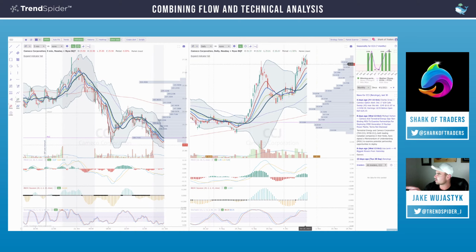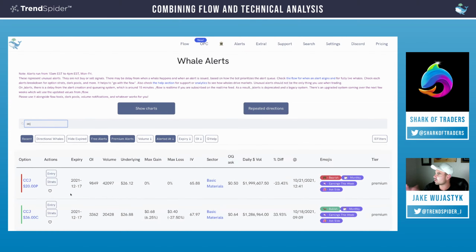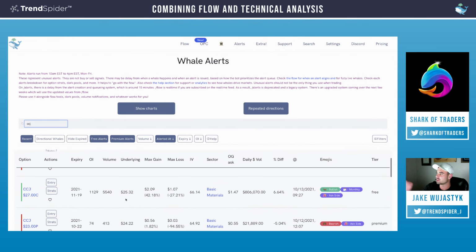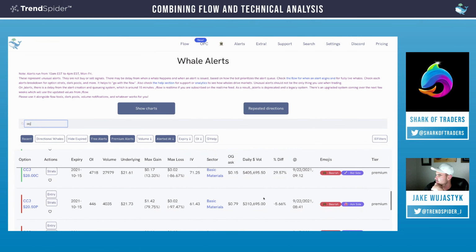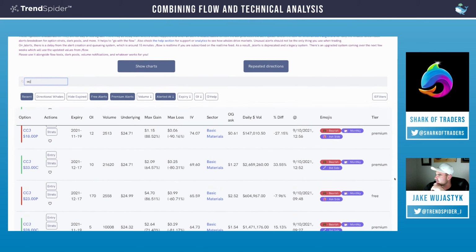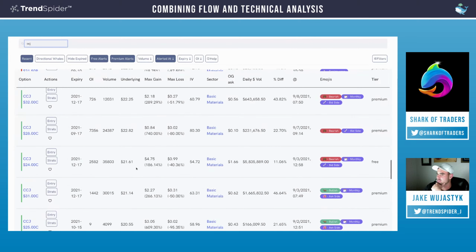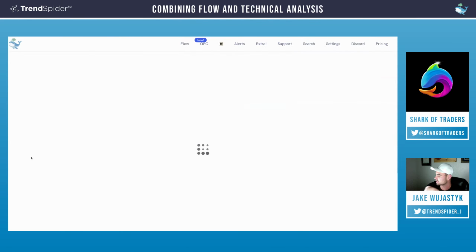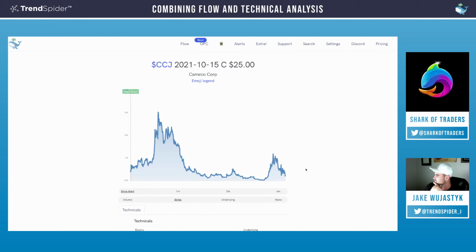But if you go back to the CCJ options premium, the premium is actually at a lower price, which is an interesting visual of how theta kicks in, and you can have a higher spot price but the premium won't change. That's really cool. I didn't know that the options prices were on there, because it is hard to find options pricing and see it on a chart. That's really interesting.